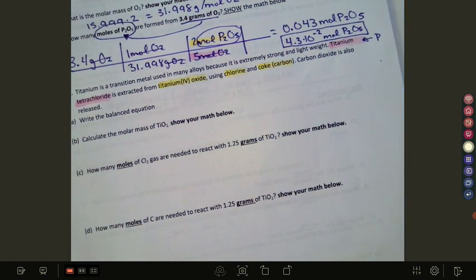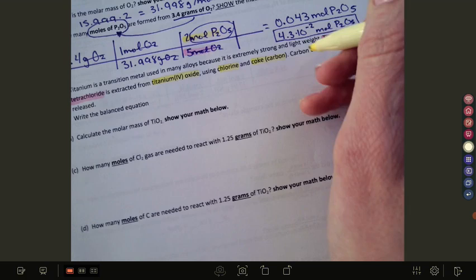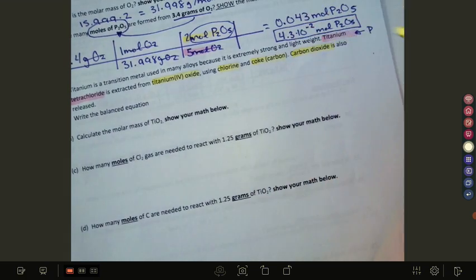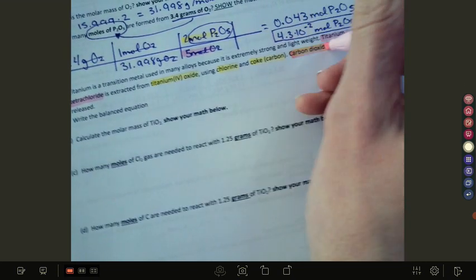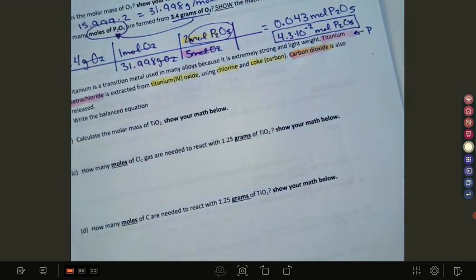Okay, carbon dioxide is also produced. It is a byproduct of a lot of chemical reactions. Okay, so my pink are my products, my yellow are my reactants. Okay, so give it a shot. I'm going to pause.